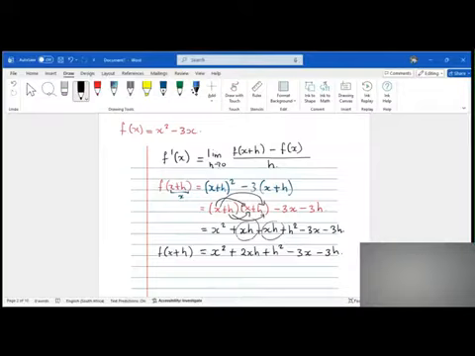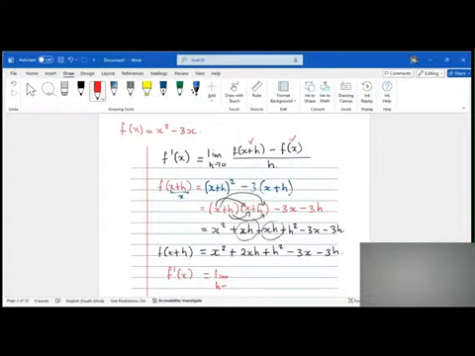So we're just going to take everything now and substitute into our formula. So our first derivative, or the rate of change, or the slope of the tangent line, will be the limit as h tends to 0 of what?